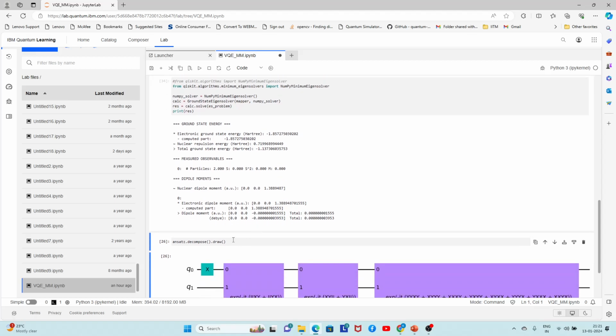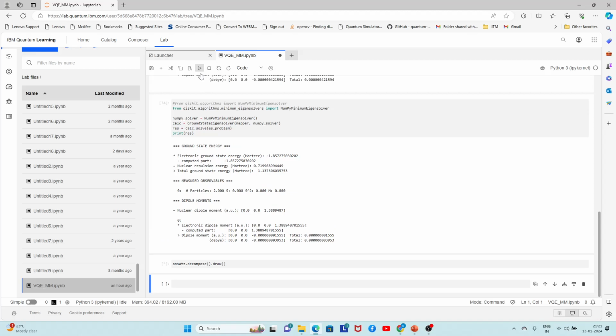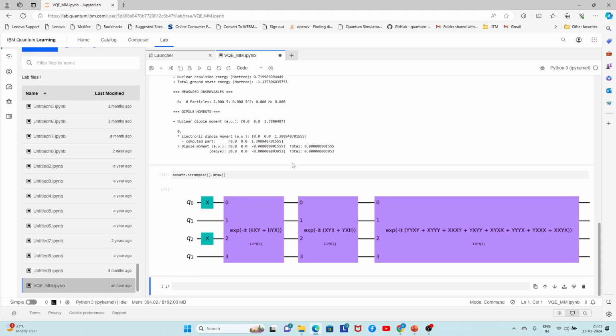Just out of curiosity, I wanted to see how the circuit will look. So I just put this decompose, and of course some more levels of decomposition can be done, but just to get a feel of it, the circuit has 4 qubits. In fact, there is another example wherein they used only 2 qubits.